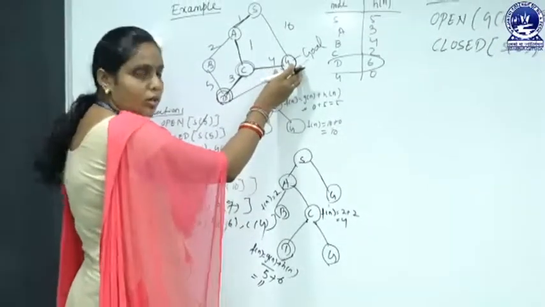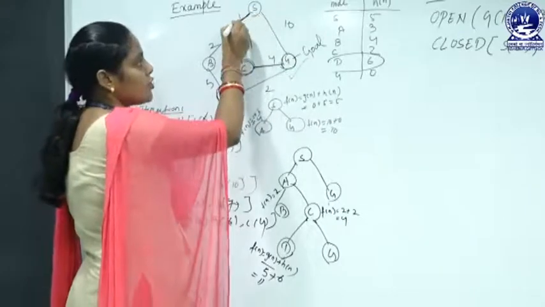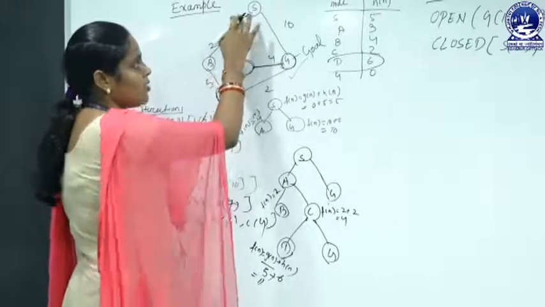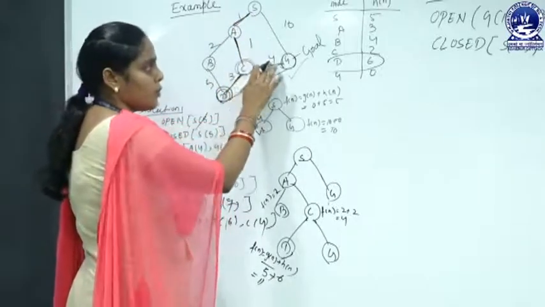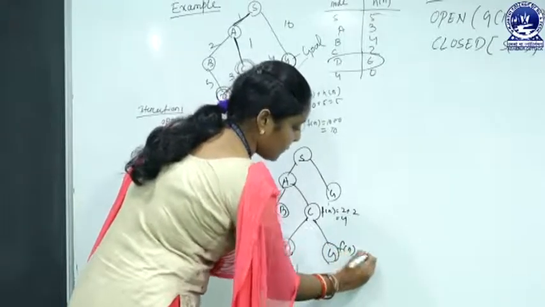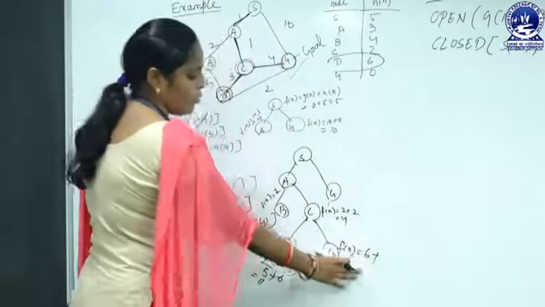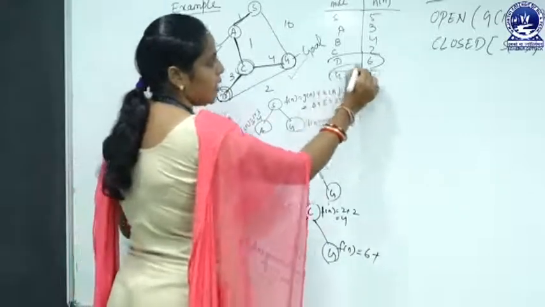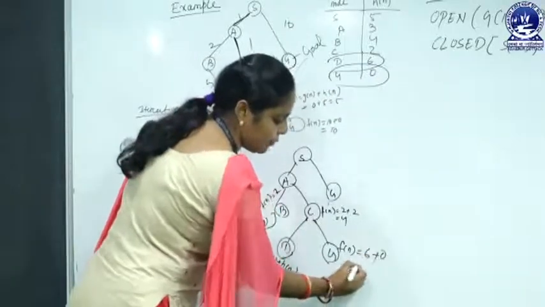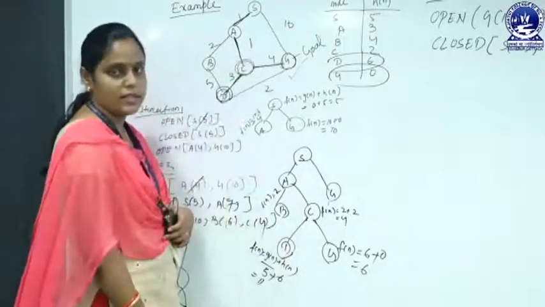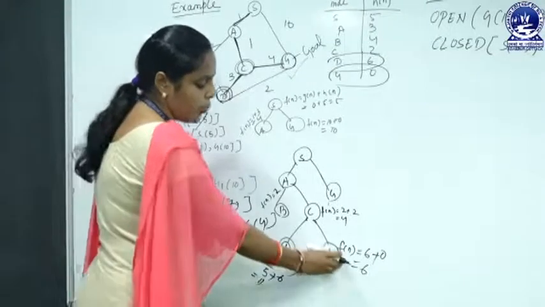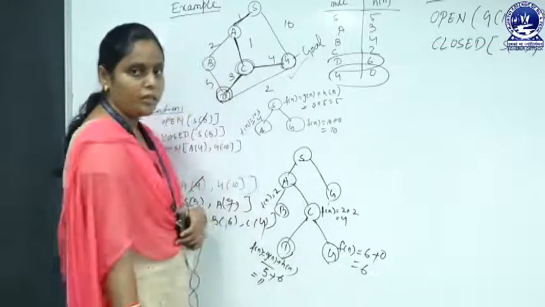Gn value for this node G is, that is from S to A to C, then C to G, which is 1 plus 1 plus 4, which is equal to 6. Then we check the Hn value. Here the Hn value of our node G is 0. Then we add this value, which is equal to 6. That means for node D the evaluation function value is 11 and for node G the evaluation function value is 6.